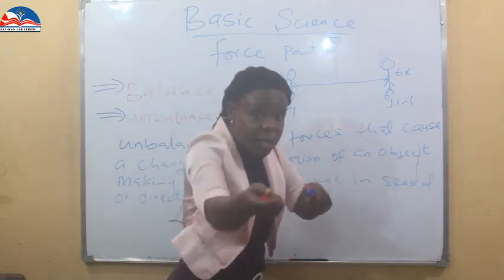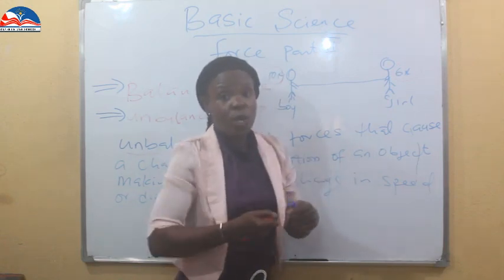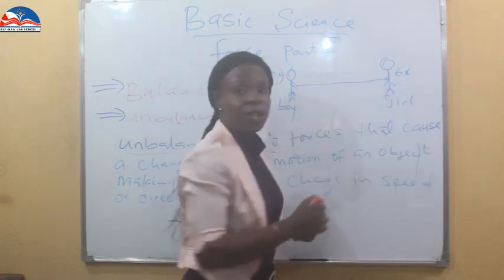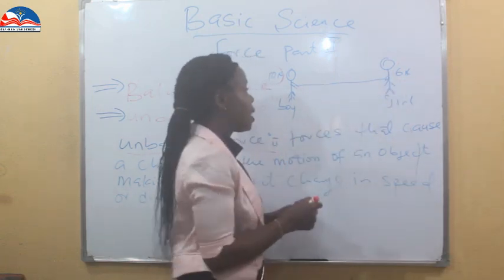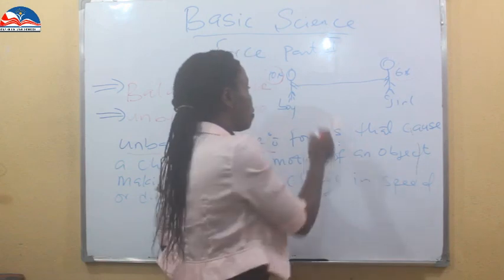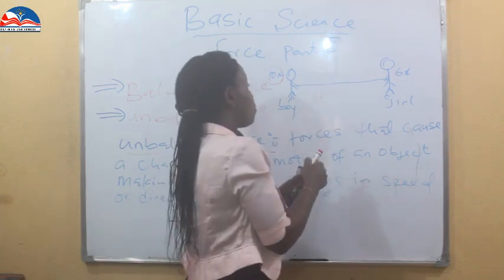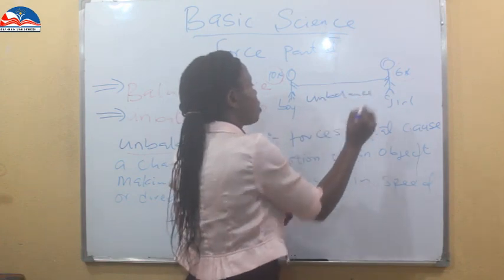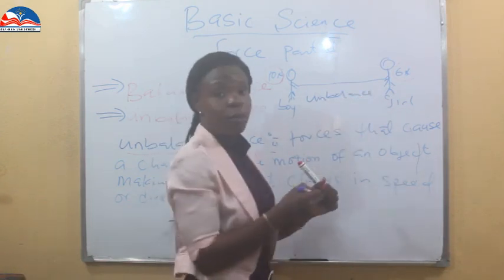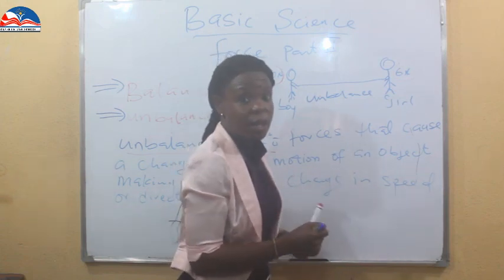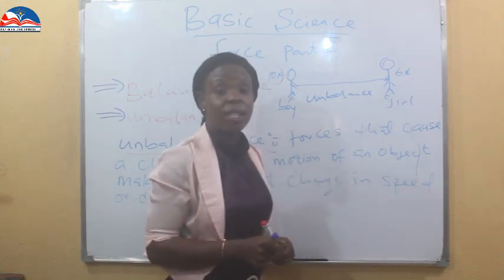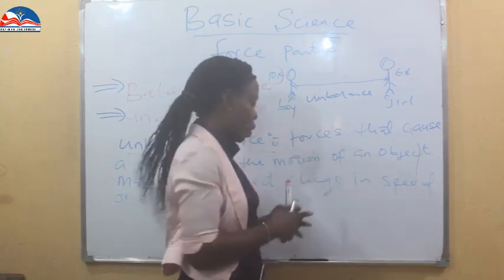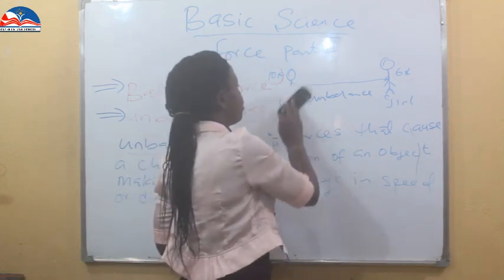So the force is higher on this side than the other side, and so we can say that this force is unbalanced. We have unbalanced force here because the boy has put in 10 Newton, the girl has put in 6 Newton, and so the force is on the boy's side. That is one example.